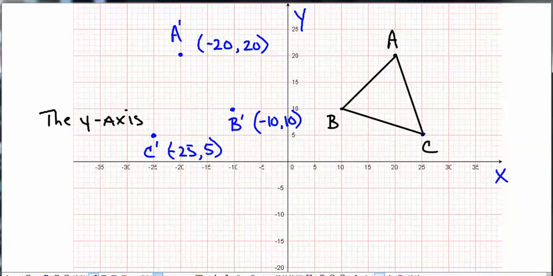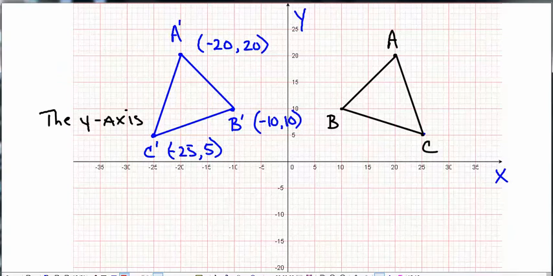And if you connect these points, then that would be a reflection of the image about the y-axis. Does that make sense? Okay.